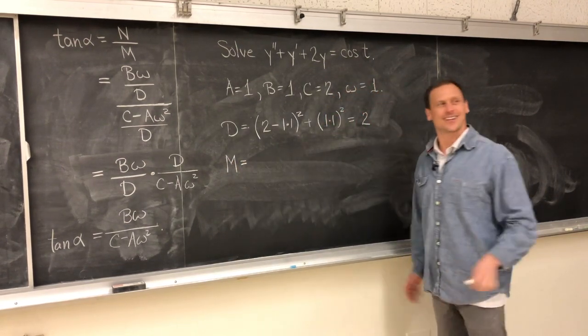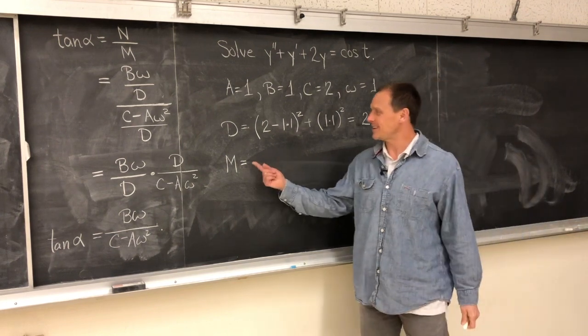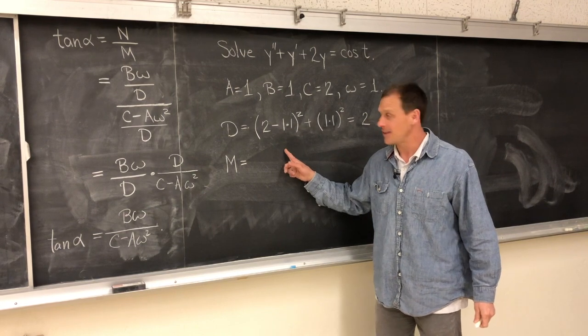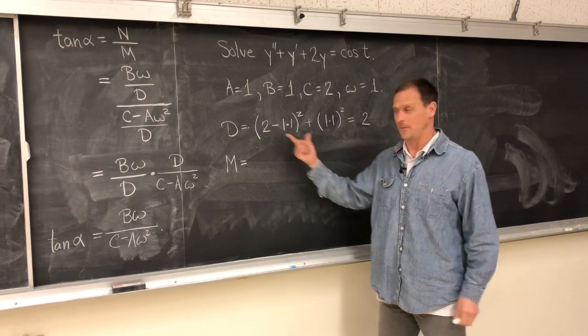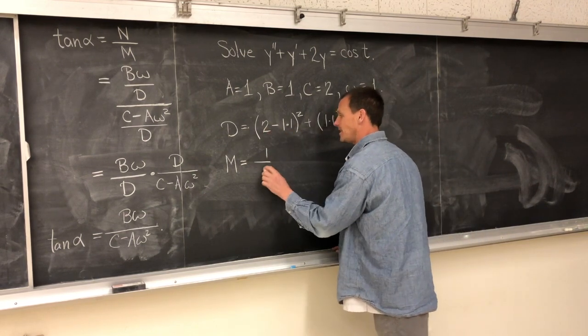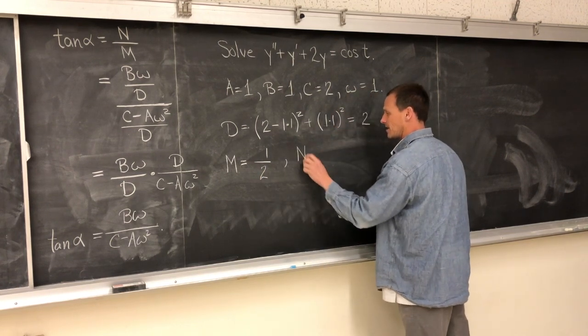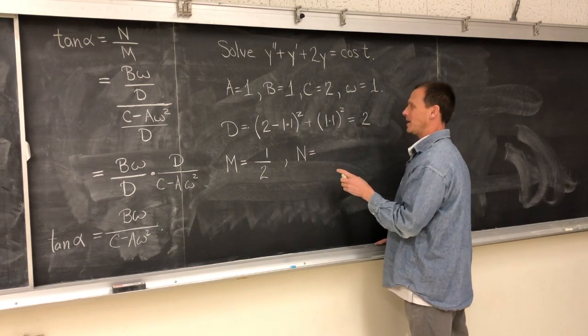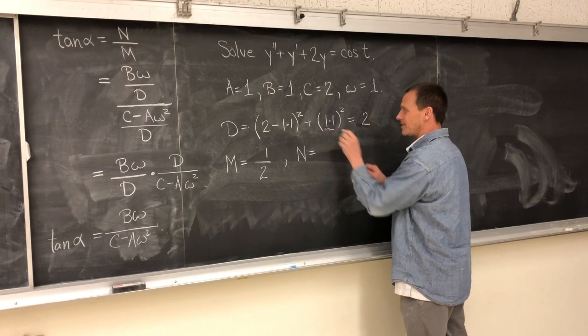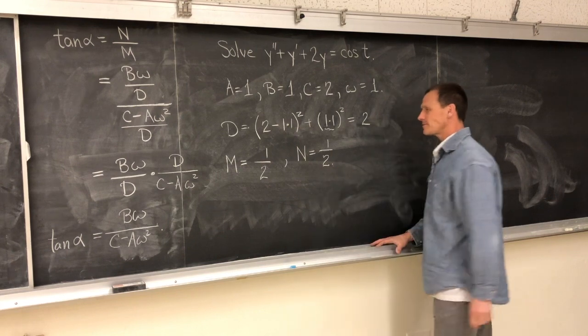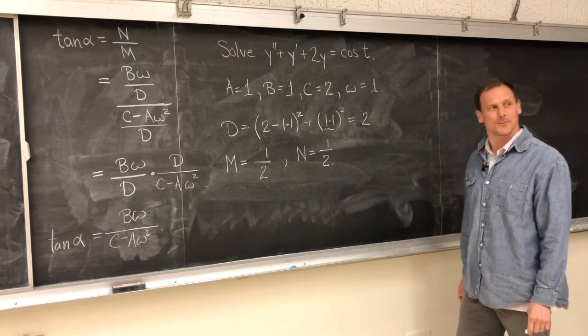And so now we can find M. Oh my, it gets even better. We've already done the calculation. C minus A omega, that's that, that's 1. D is 2. N is B times omega. That's this little piece. We'd found that. D is still 2. There we go.